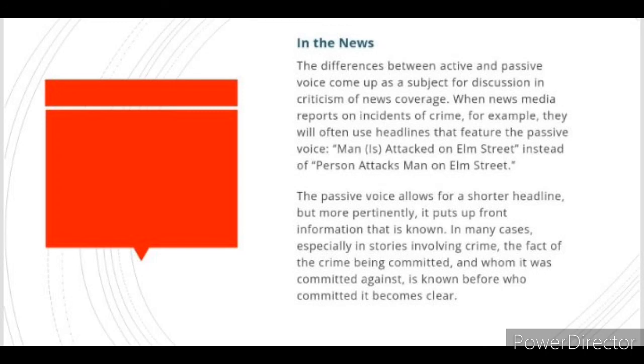The passive voice allows for a shorter headline, but more pertinently, it puts upfront information that is known. In many cases, especially in stories involving crime, the fact of the crime being committed and whom it was committed against is known before who committed it becomes clear.